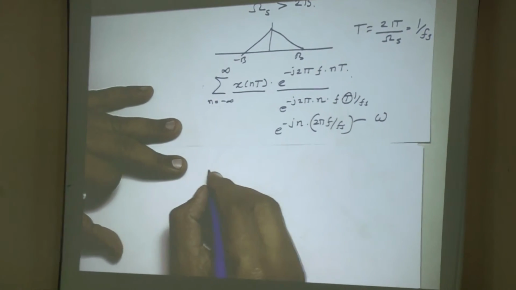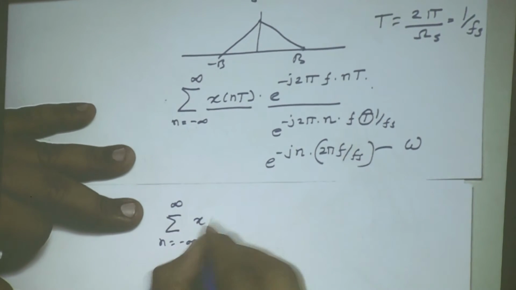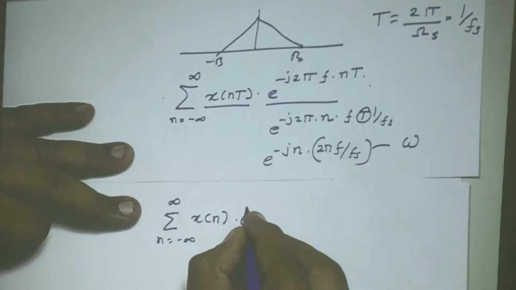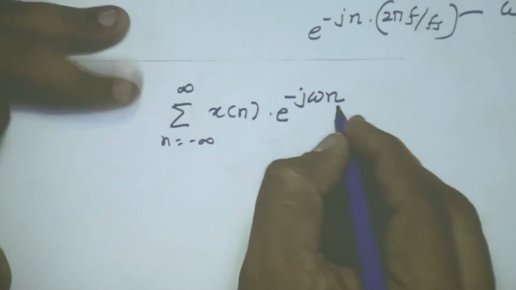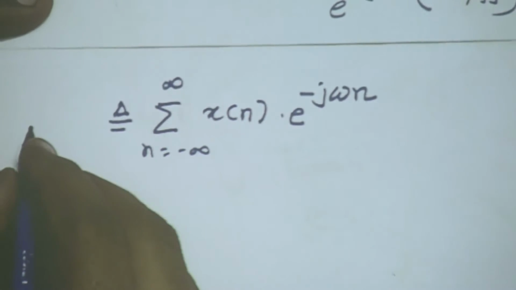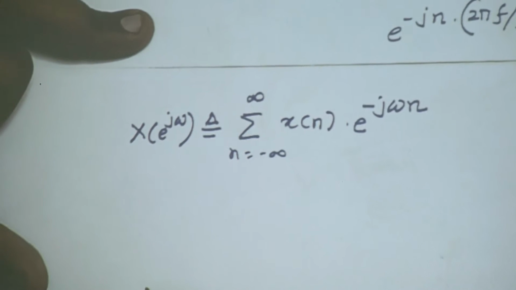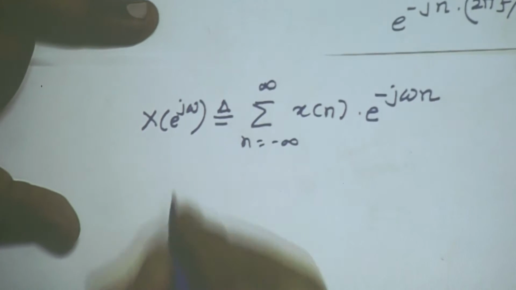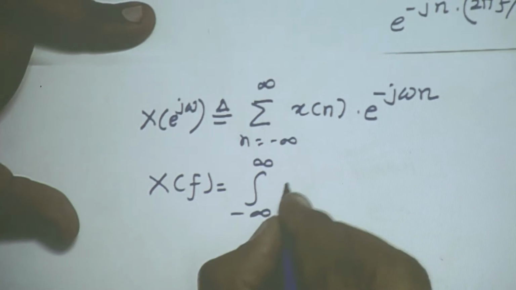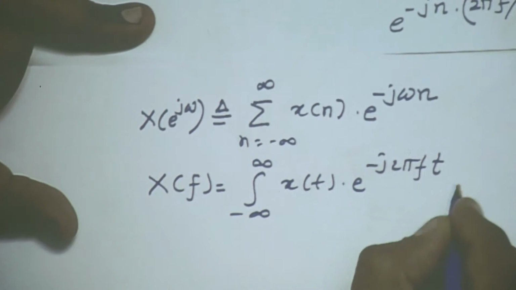So the right hand side becomes summation of n going from minus infinity to plus infinity, x of n, and T doesn't make sense here. So x of n multiplied by e to the power minus j omega n, and this I define as a new transform, X of e to the power j omega. Compare this with our equation, X of f equal to integration from minus infinity to plus infinity x of t e to the power minus j 2 pi f t dt.